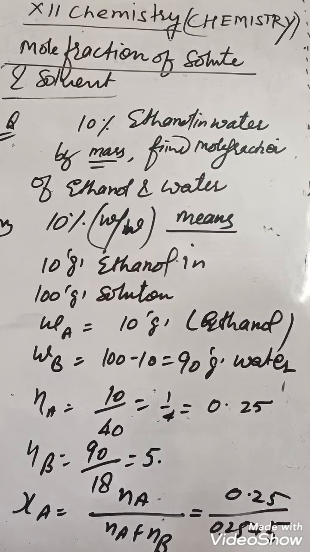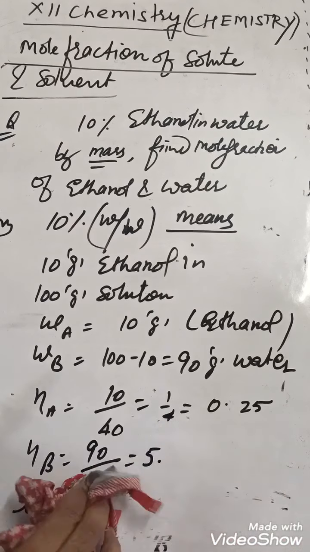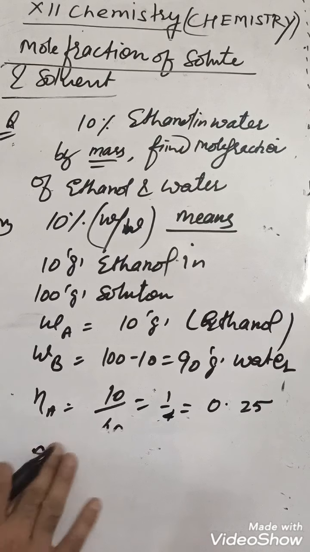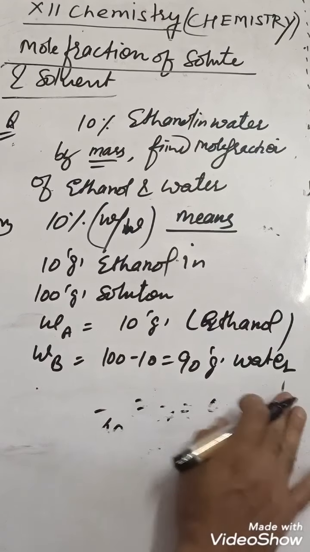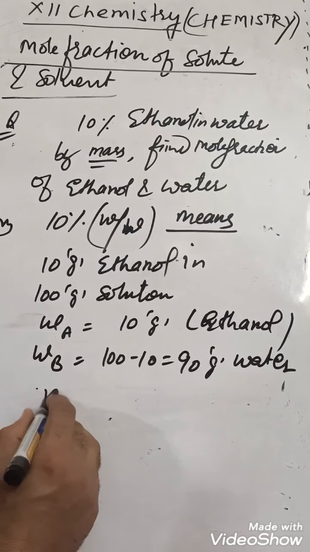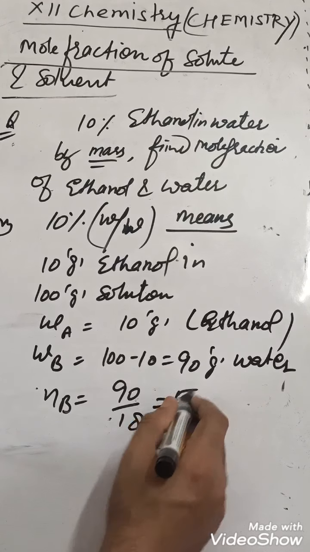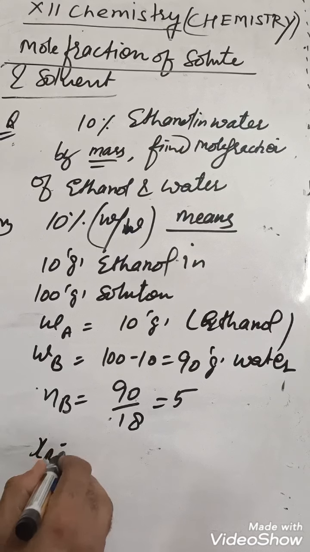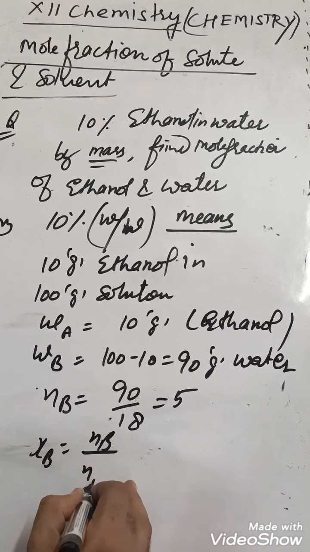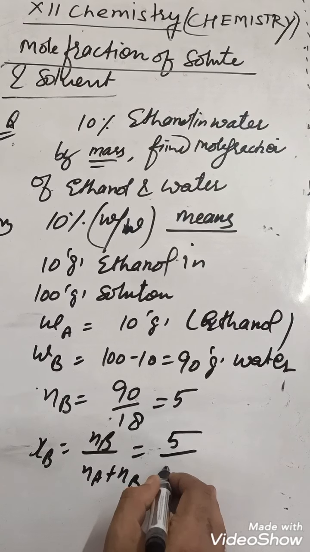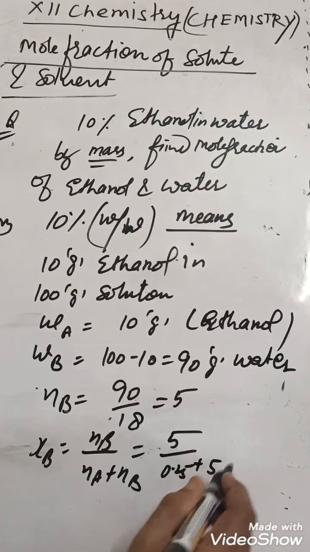You can calculate here. Or another simple way: what is Nb? Nb is equal to 90 upon 18, that is 5. So what is XB? Nb upon Na plus Nb, that is 5 upon 0.25 plus 5.